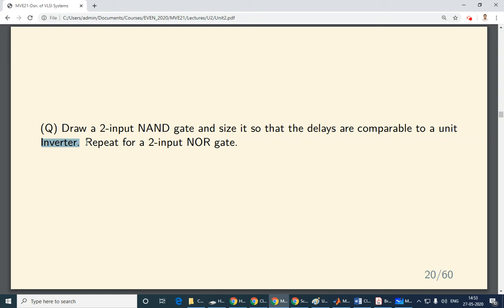A two-input NAND gate, for example, has two transistors in the PMOS network and two transistors in the NMOS network. But this condition we want to satisfy, that together, both those transistors should be equal to the single transistor of the PMOS network in the unit inverter and the single transistor of the NMOS in the unit inverter. So how can we do that?